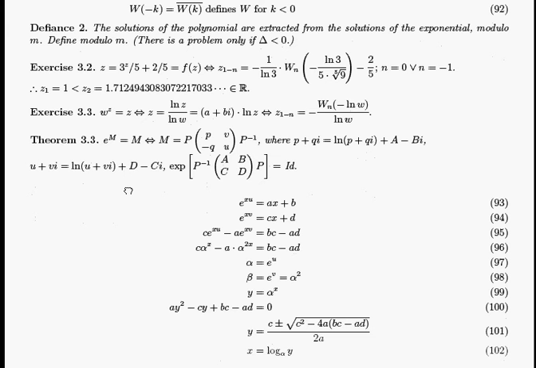We have a system of two equations, exponential of xu equals ax plus b, exponential of xv equals cx plus d, and we want to solve it, reducing it to Bhaskara. We set alpha equal to exponential of u and beta equal to exponential of v, equals alpha 2.